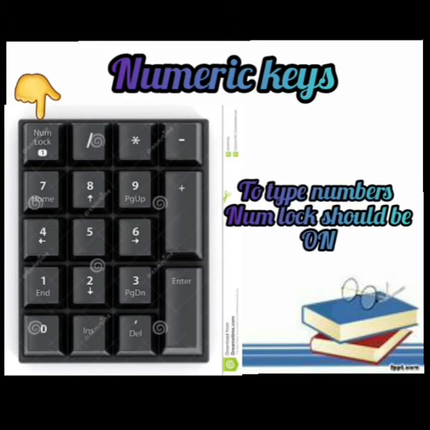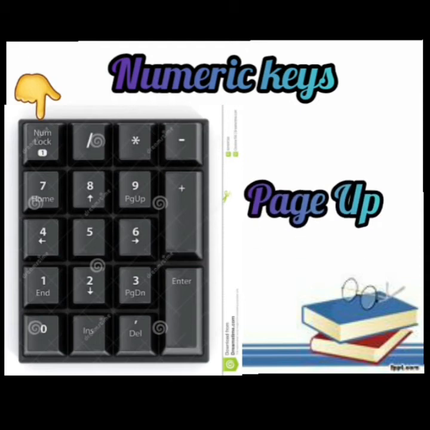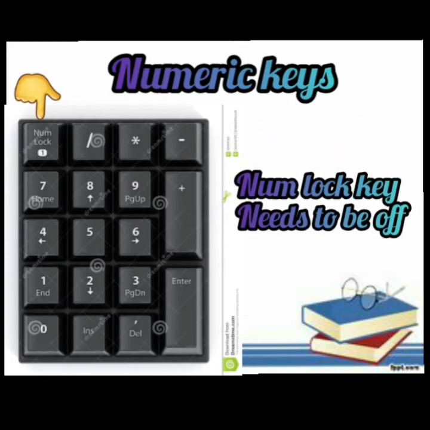To type numbers, the numlock should be on. To use arrow keys and move the cursor for page up or page down or home and end, the numlock key needs to be off.